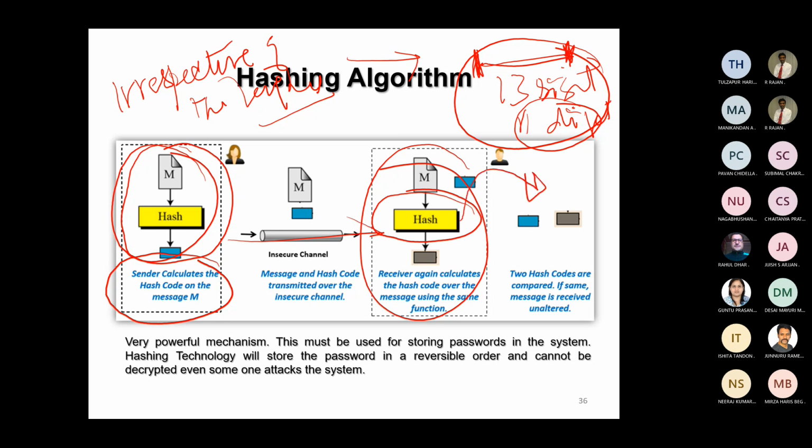On the actual message, the recipient will also perform hashing, calculate the hash code, and compare the calculated hash code with the received hash code. If the calculated hash code is equivalent to the received hash code, then the information is intact. Nobody in between has tampered with the message. So hashing is an algorithm which could be used to ensure confidential information is completely protected for its integrity.